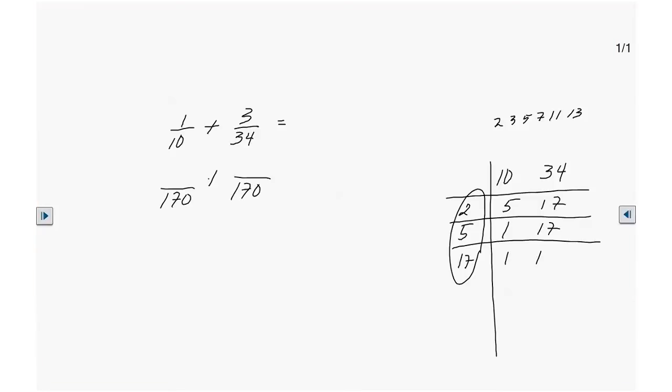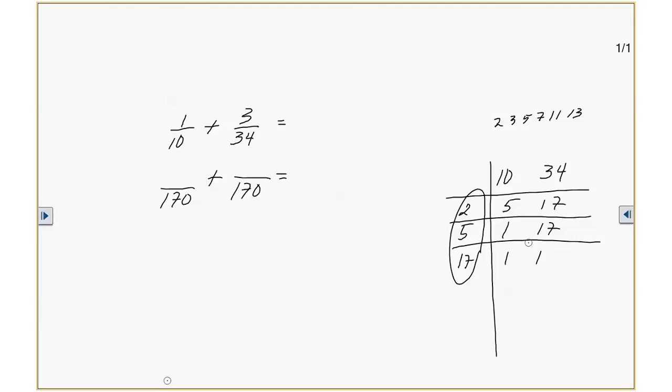Now you don't even need a calculator, because guess what? You have the answer over here. How many times will 10 go into 170? Let's say you have no clue. Go over here and take out your 10. How many times? 17 times. 17 times 1 is? How many times will 34 go into 170? Take out the 34.